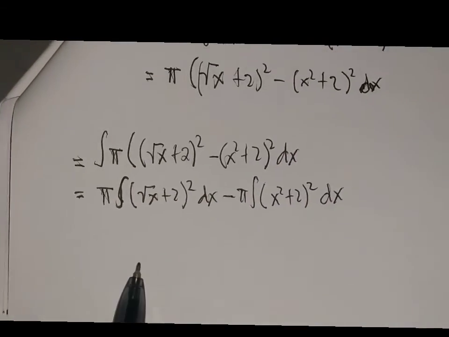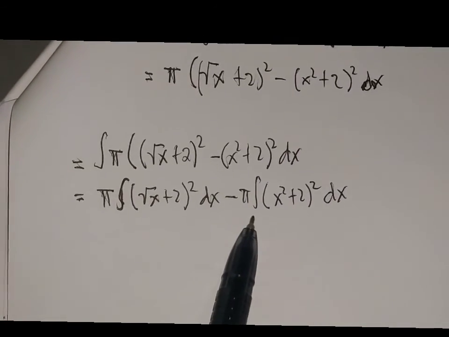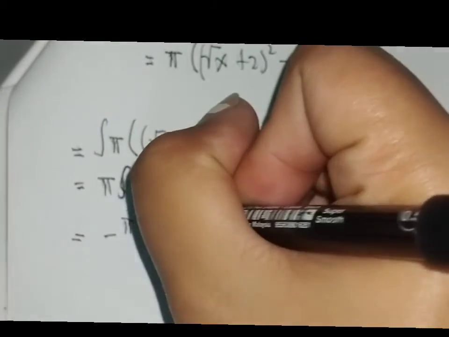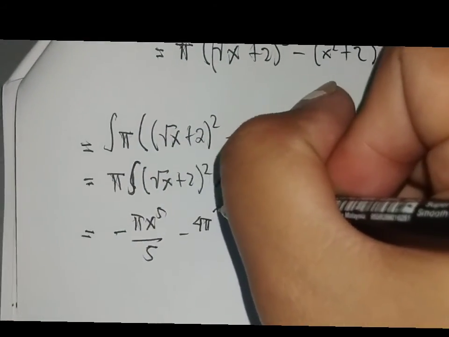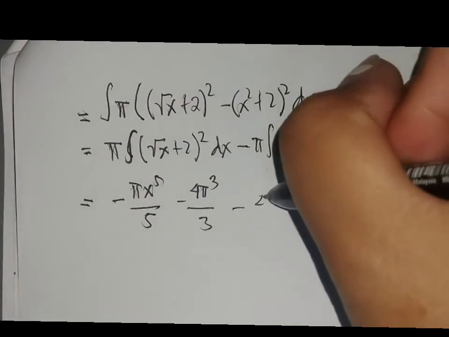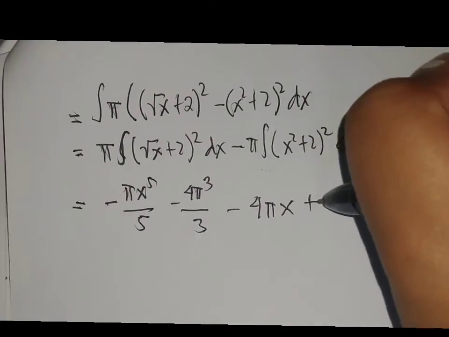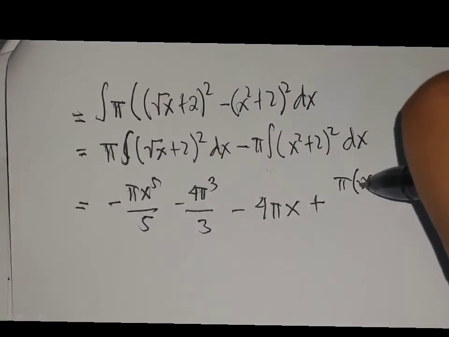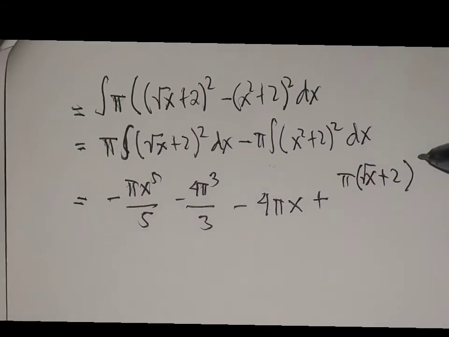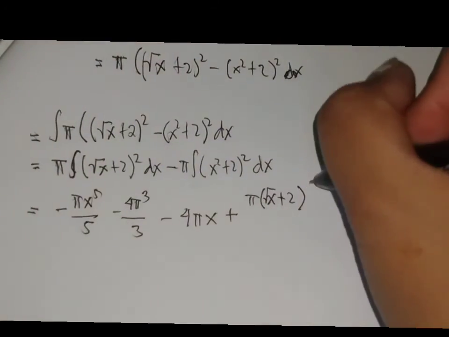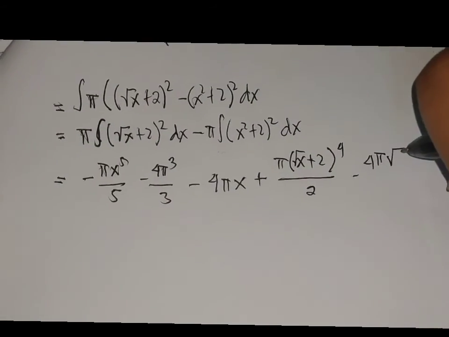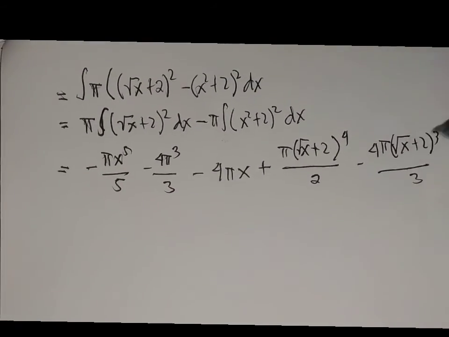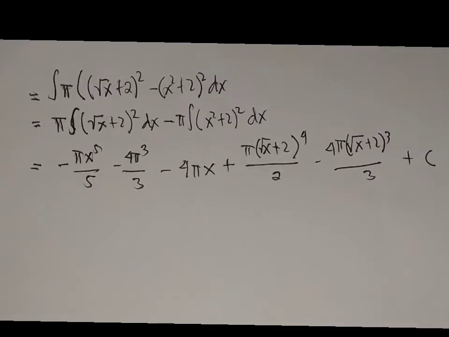Pi times the integral of (square root of x plus 2)^2 dx minus pi times the integral of (x squared plus 2)^2 dx is equal to negative pi x to the fifth over 5 minus 4 pi x cubed over 3 minus 4 pi x plus pi times (square root of x plus 2) to the fourth over 2 minus 4 pi times (square root of x plus 2) cubed over 3 plus c.